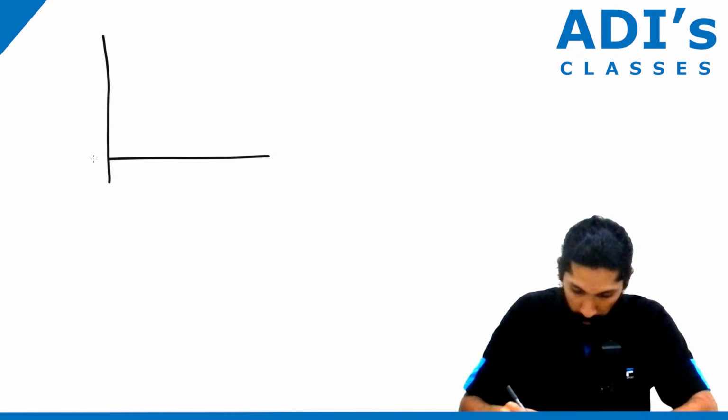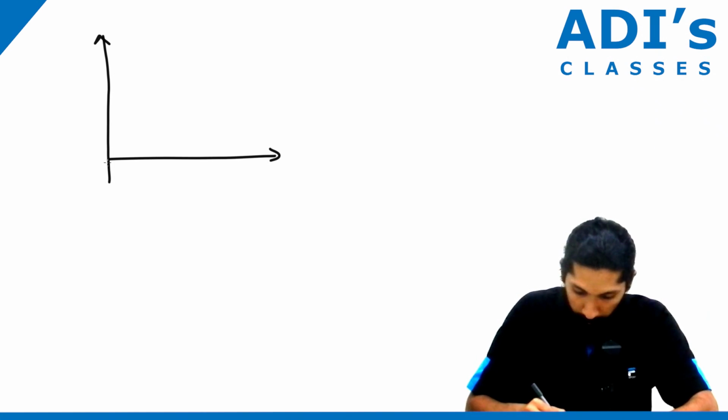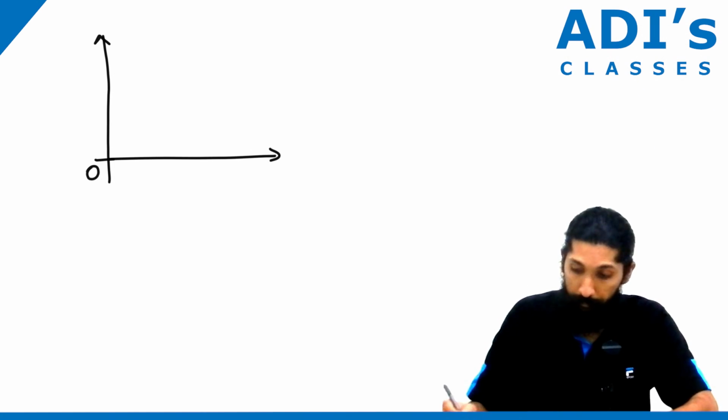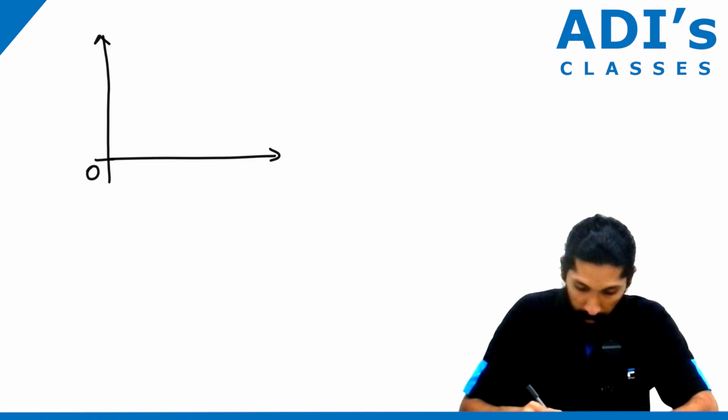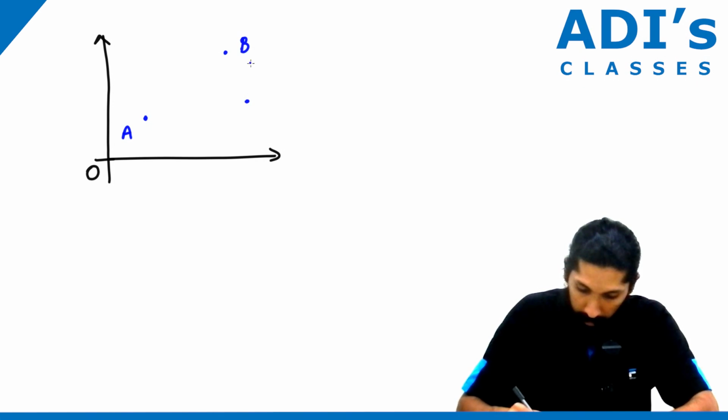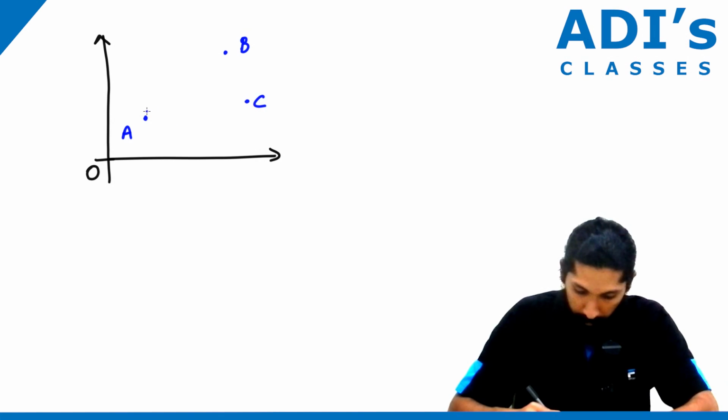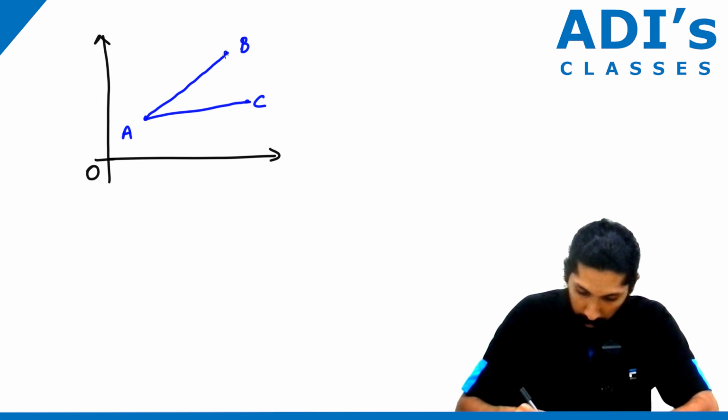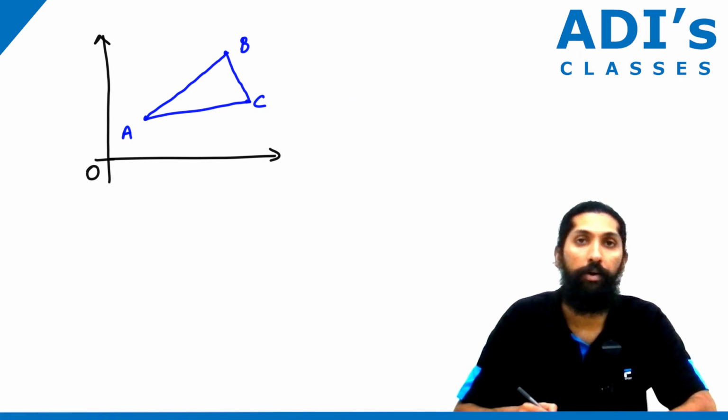Suppose we have the x and y axis. Here are 3 points: one point here, one more point here, one more point here. Say this is A, B, and this is C. Now you join AB, join AC, join BC.